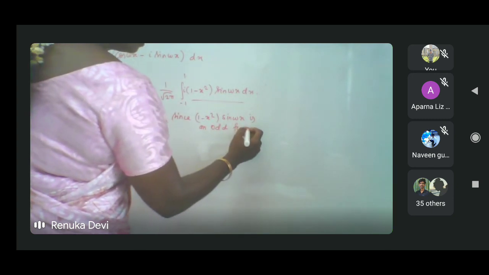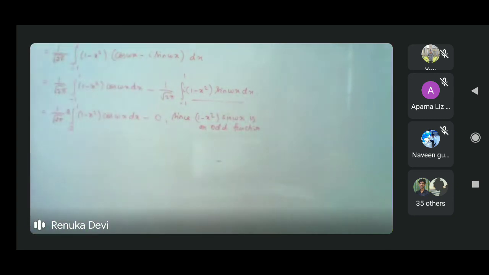We get the 0 value for the odd function only.